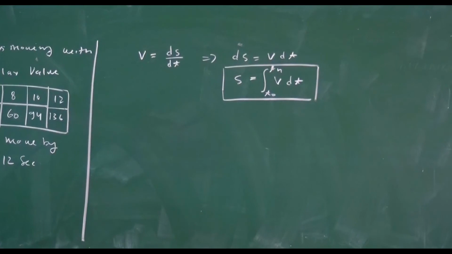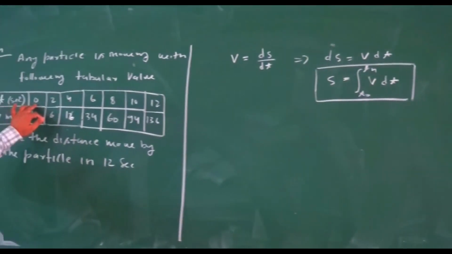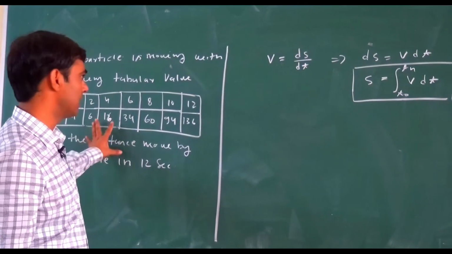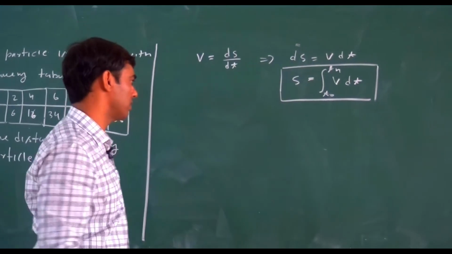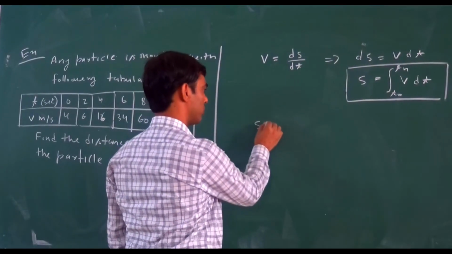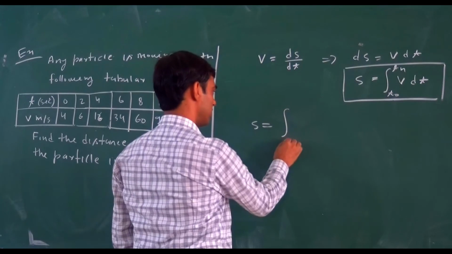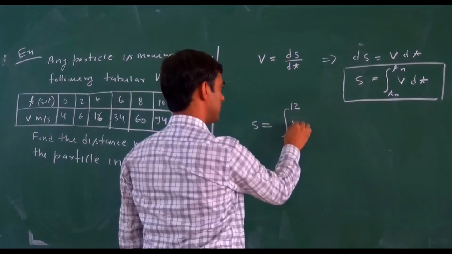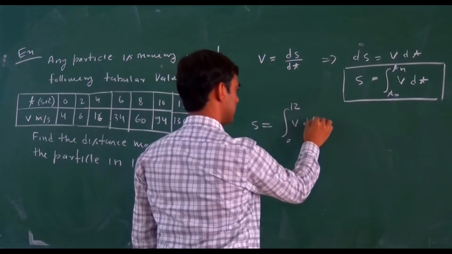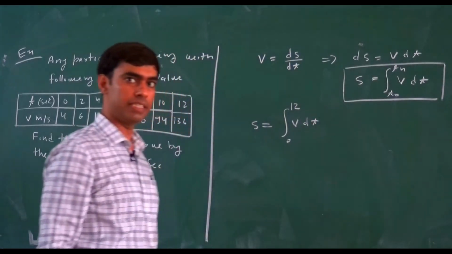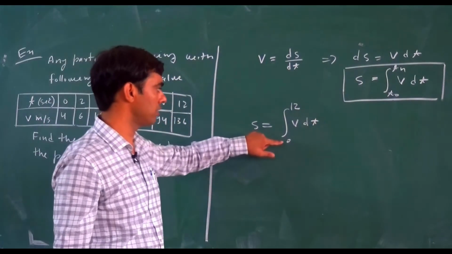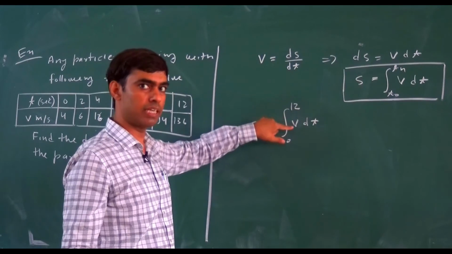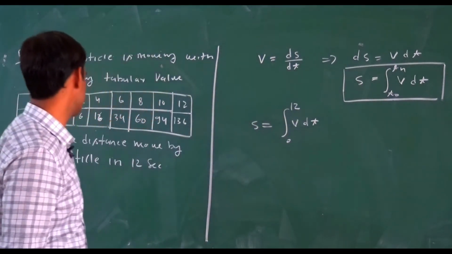So if we formulate this problem, we need to find s equals the integral from 0 to 12 of v dt, meaning the distance traveled from 0 to 12 seconds, where v is the given velocity.